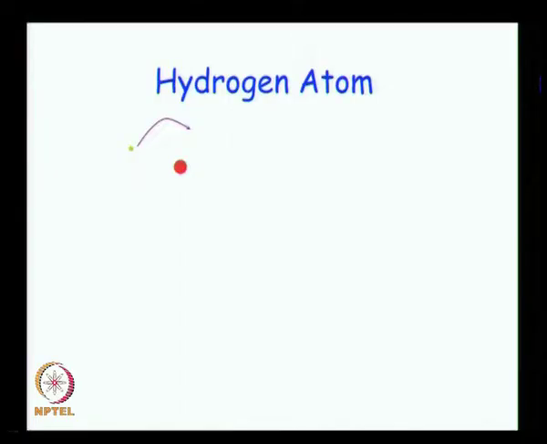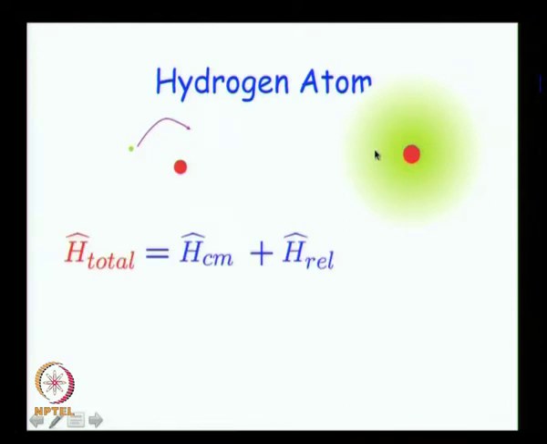This is just the motion of the system as a whole, but we know that the electron is actually moving around the nucleus. And this whole thing will actually execute translational motion, and that is the reason why we said the Hamiltonian can be written like this.